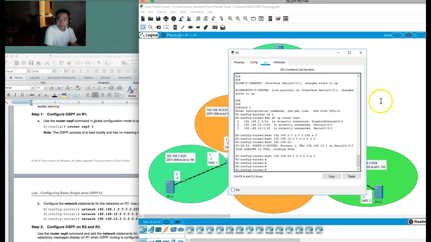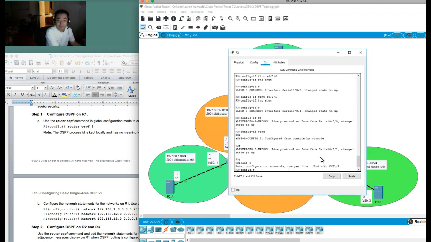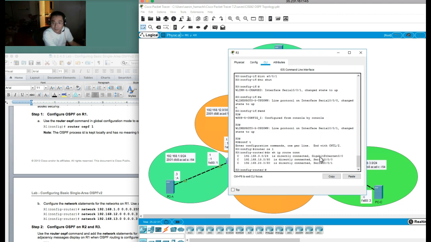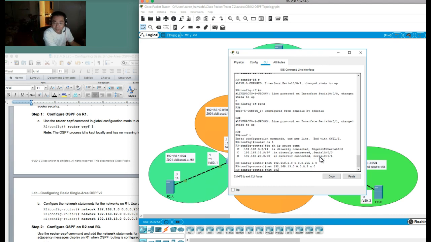Do the same thing for R3. Do show IP route connected, and we are going to do net 192.168.3.0, net 192.168.1.3.0, and network 192.168.2.3.0.